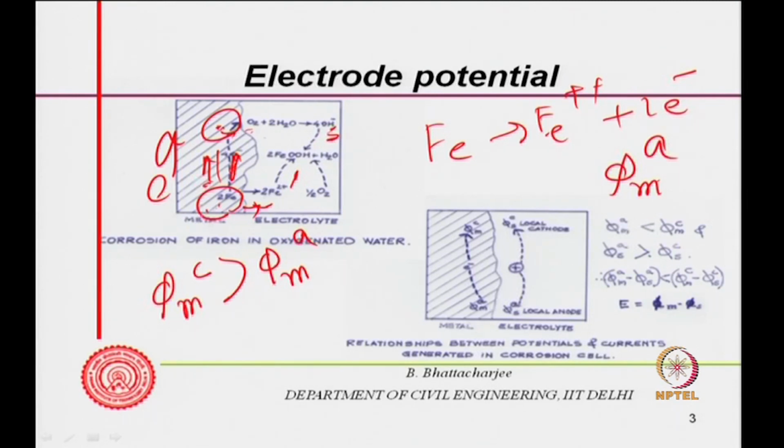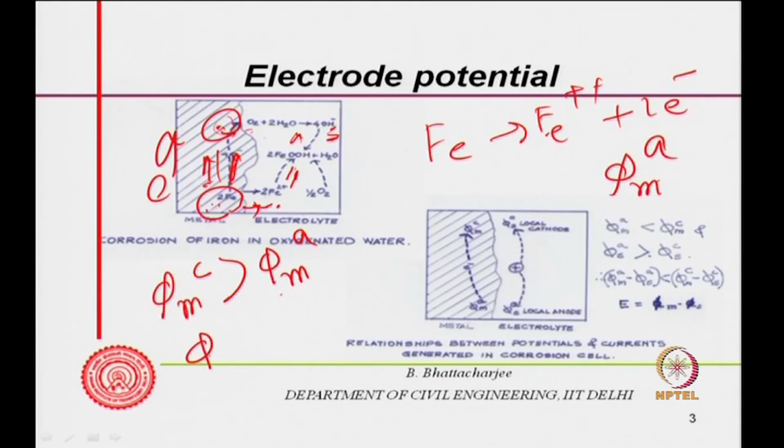We said that there is a variation of the potential from the metal surface to the solution, and we talked about 2-3 models, Helmholtz, and finally Stern's model. So, we are talking of the potential here, and since the electron moves from here to here, this potential must be more than this potential. So, phi m c is greater than phi m a, and the positive ion moves along this direction.